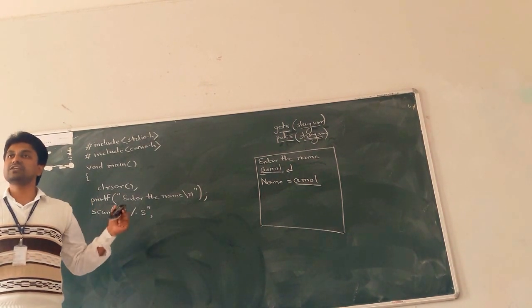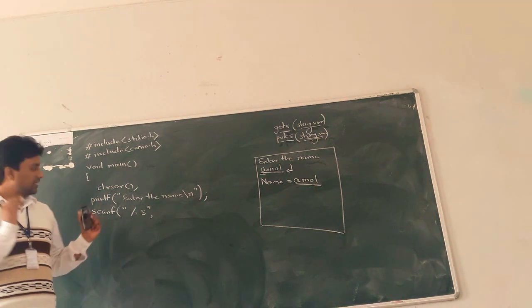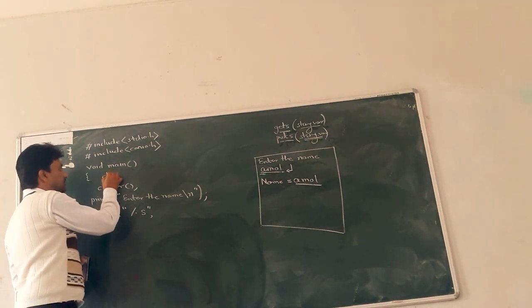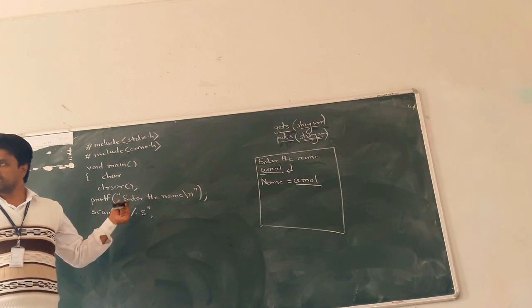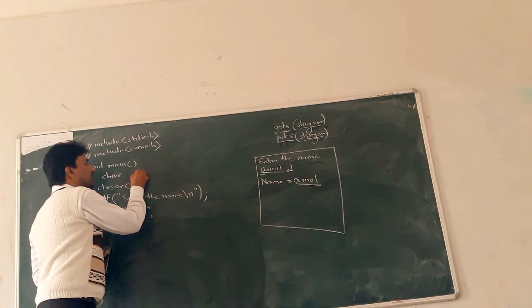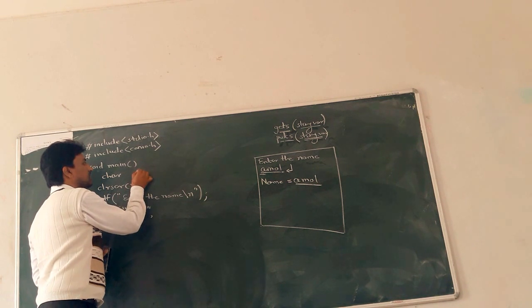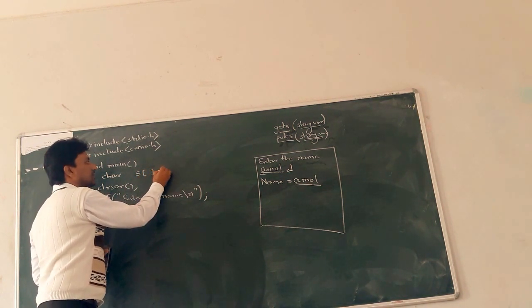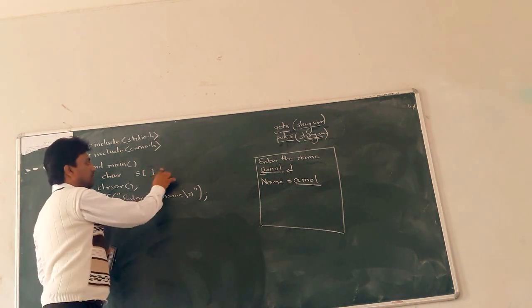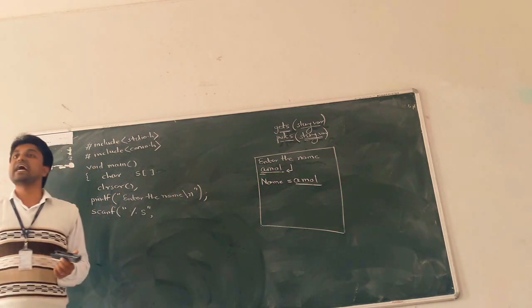So first declare the string variable. In C, char, then the name of the variable, s. Basically, to store the string we can use a character array.